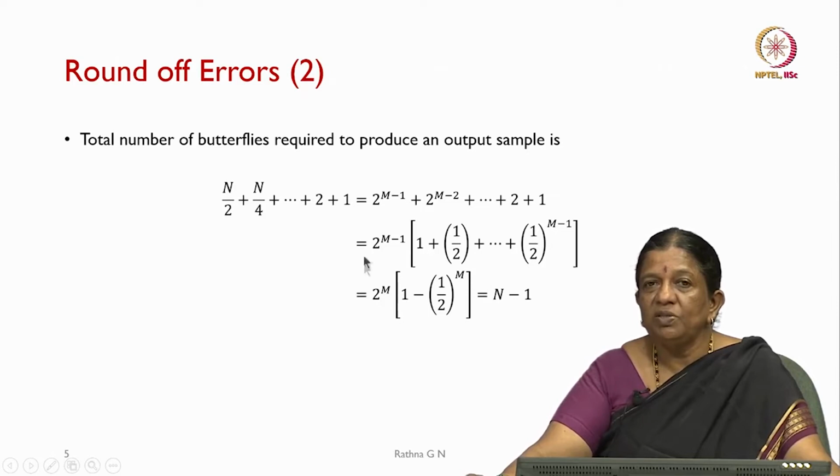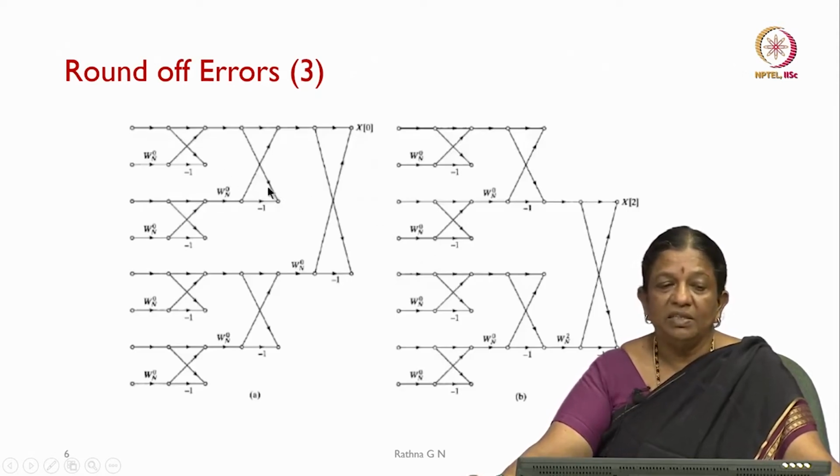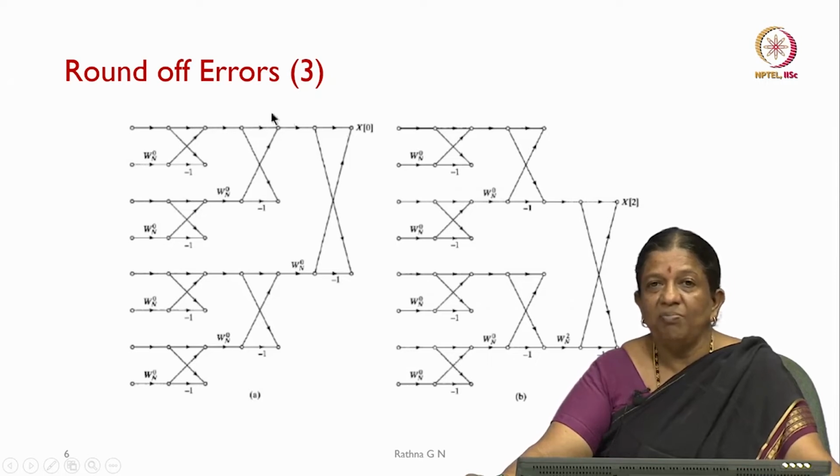When you substitute it, it becomes equivalent to n minus 1 butterflies required, which was approximated as n. Now you will see how the error is going to have its impact.